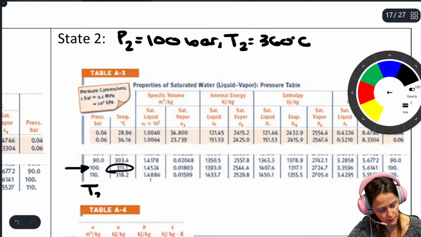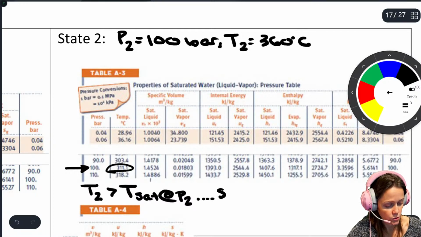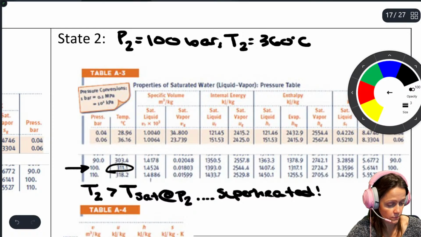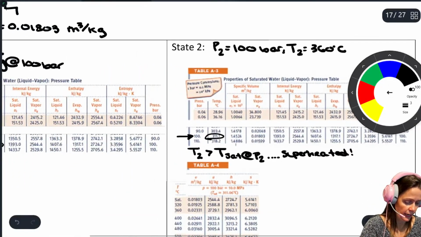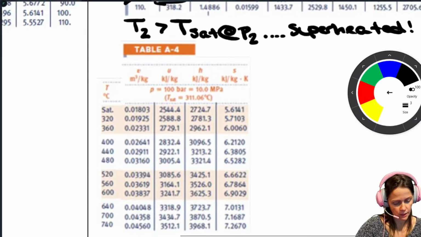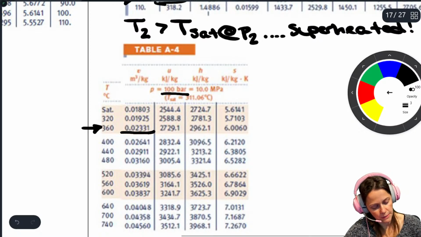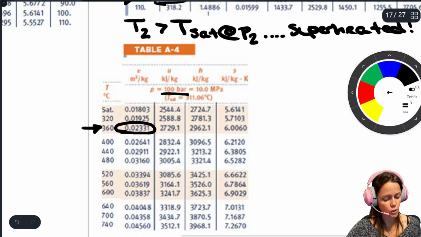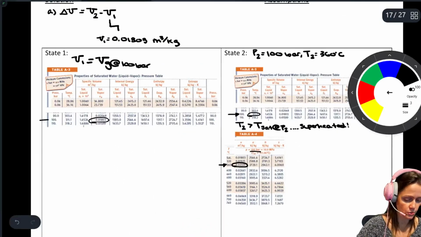However, my temperature is above that. So T2 is greater than Tsat at P2. So I know it's superheated. So I need to get out of those tables and go to the superheated tables. So if I look at table A4 at 100 bar and 360 degrees Celsius, I can see that my specific volume is 0.02331. So perfect, 0.02331.